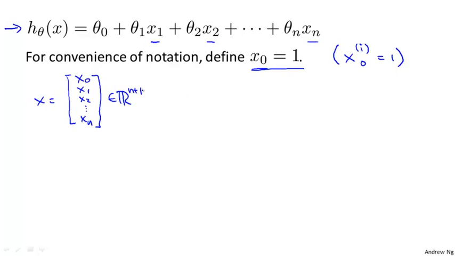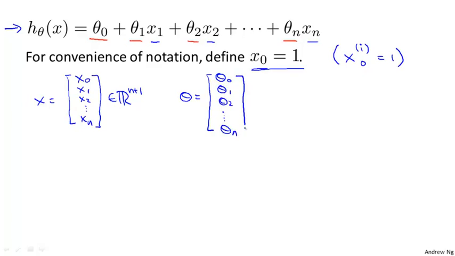And I'm also going to think of my parameters as a vector. So my parameters here, that would be theta 0, theta 1, theta 2, and so on up to theta n. I'm going to gather them up into a parameter vector written theta 0, theta 1, theta 2, and so on, down to theta n.